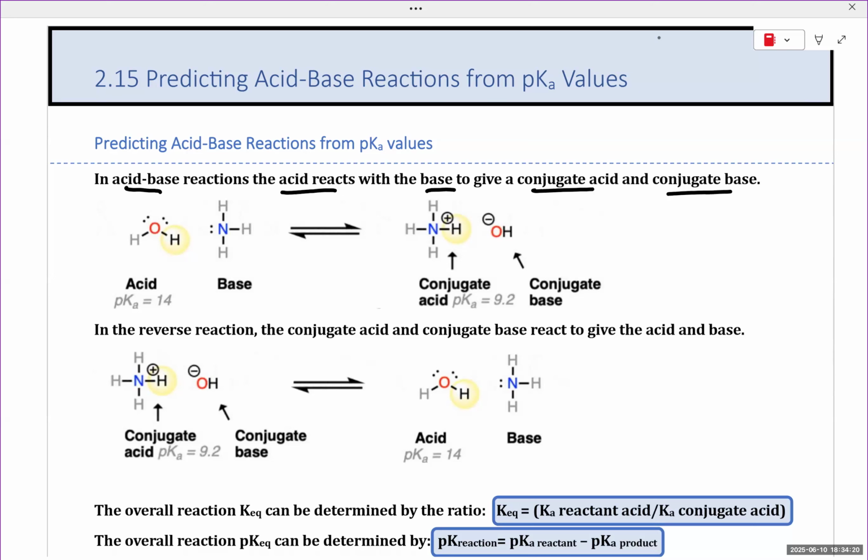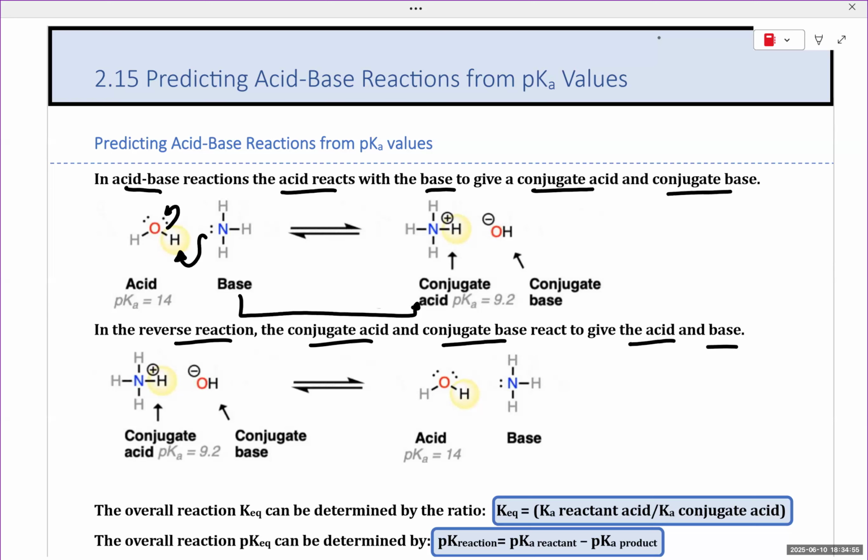So for example, if we have an acid-base reaction between water and ammonia, the base accepts a proton, the acid donates a proton, and that in turn yields the conjugate acid from the base, and the acid, when it loses a proton, yields the conjugate base. These reactions are reversible. So just as easily, in the reverse reaction, the conjugate acid and conjugate base can react to yield the parent acid and parent base.